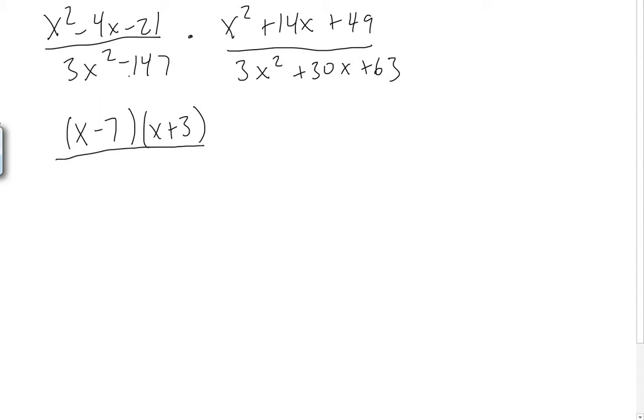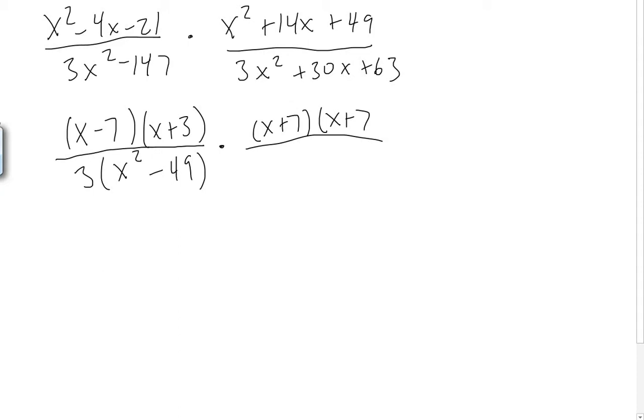The denominator on the left, well, I don't see that it's a difference of squares, but I do see that 3 comes out of each of those. So for now, I'll just factor the 3 out. That leaves me with x squared minus, 3 goes into 147 49 times. Then I factor the numerator on the right: x squared plus 14x plus 49 factors to be x plus 7 times x plus 7.